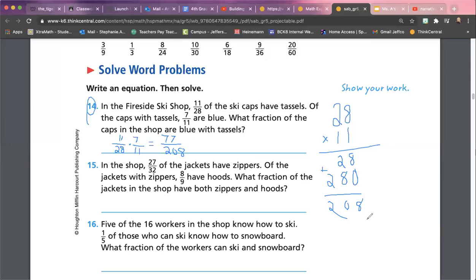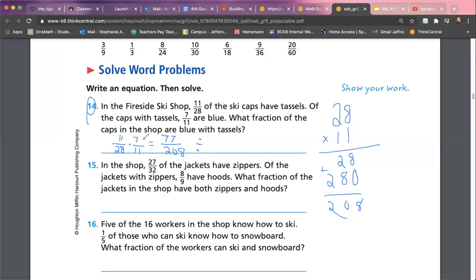You have to divide. What could we divide by, though? I notice if I look at both of these fractions, I notice a common number. Does anyone else notice? Well, look at your fractions here.